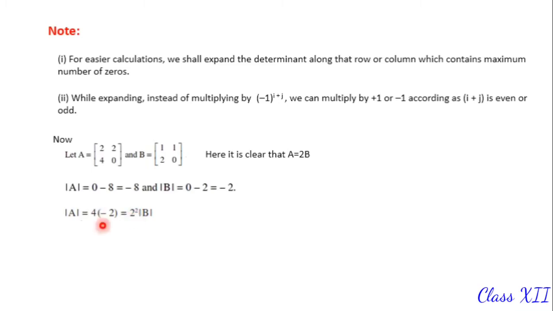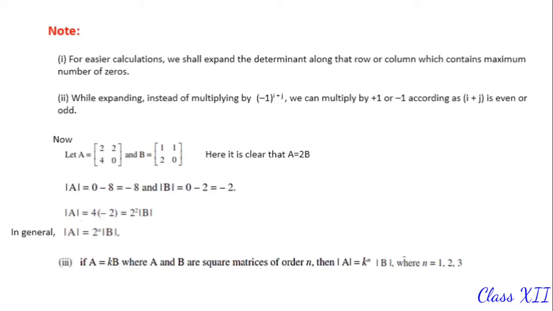So 2 square into this minus 2, and minus 2 is our determinant B. So we have got a relation: determinant A is equal to 2 square into determinant B. Means, in general, determinant A is equal to 2 power n into determinant of B.